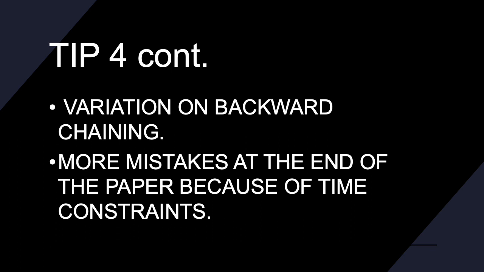So if you start editing from the last paragraph and go in retrograde, it will really help the editing process, and you'll find things there that need to be corrected. And this is a variation on backward chaining, which is not my area of expertise. However, I do use it in education, particularly in teaching music to ensembles. So that's tip number 4.